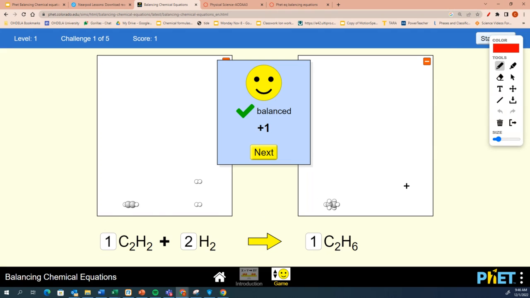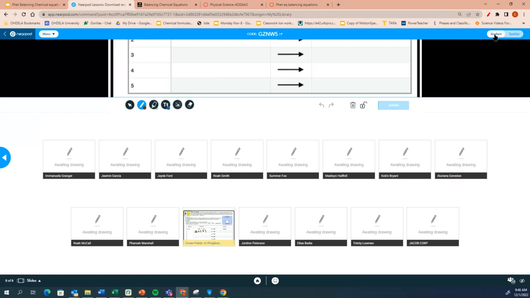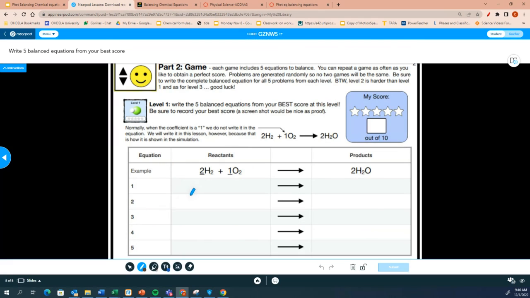I'm going to type this one in here. One C2H2. I've got to make those capital letters, that's the problem.